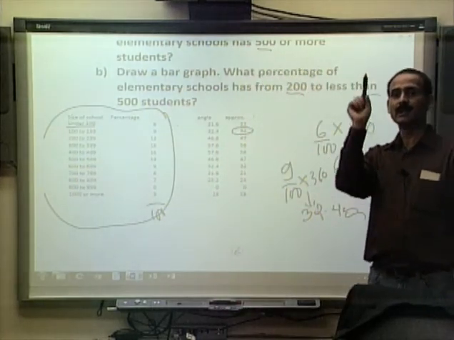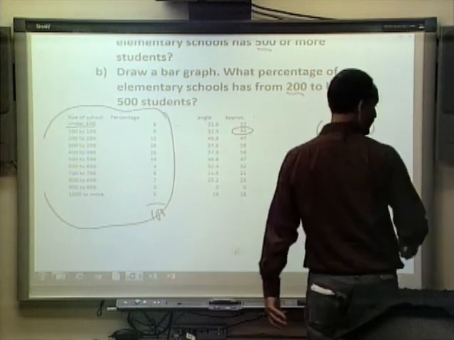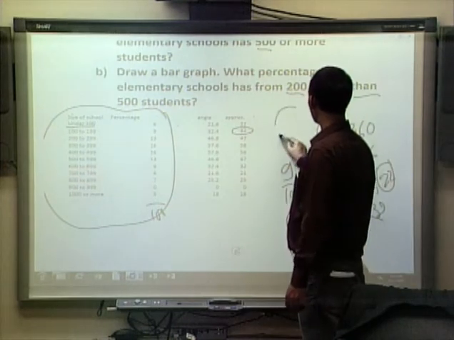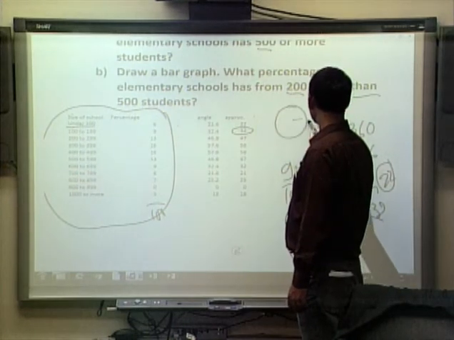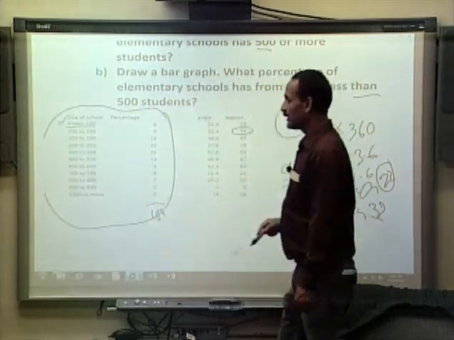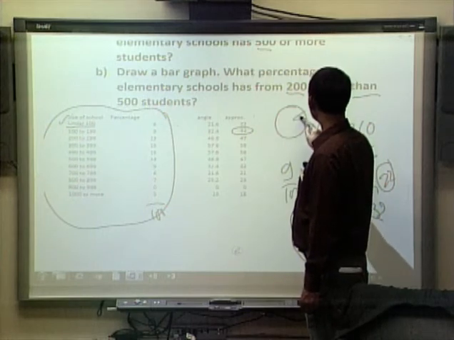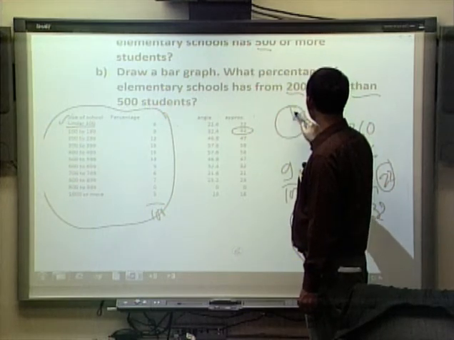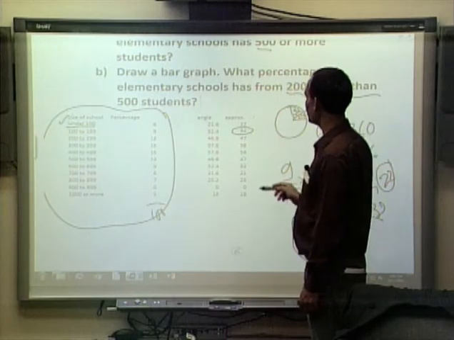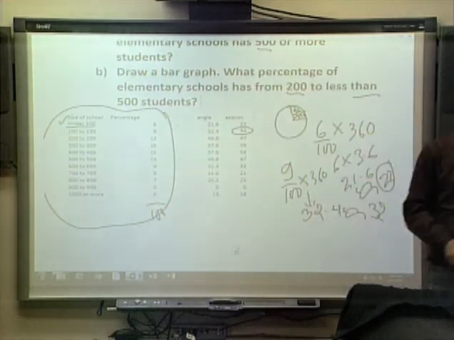We calculate the angle for each of the percentages, and we draw a circle. We assign 22 degrees to this category, the under 100 category, and after that 22 degrees, we assign 32 degrees to another group and keep continuing.